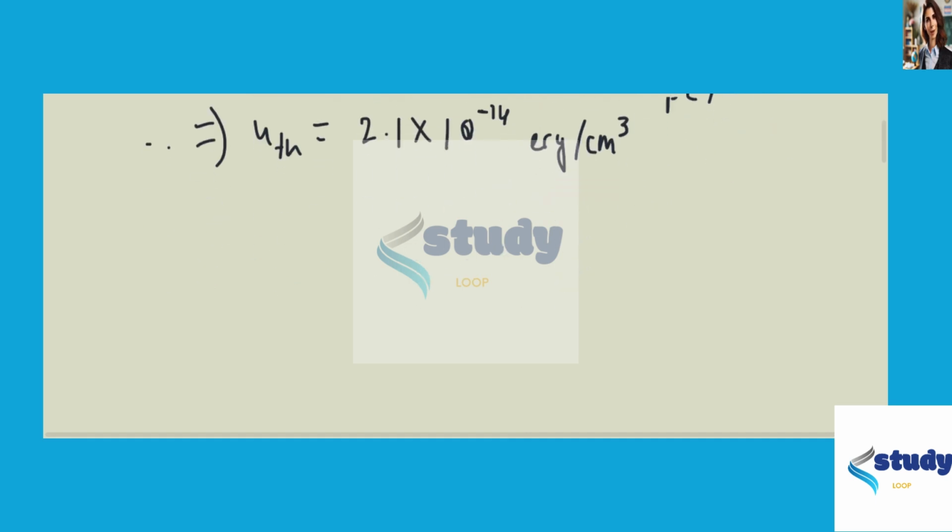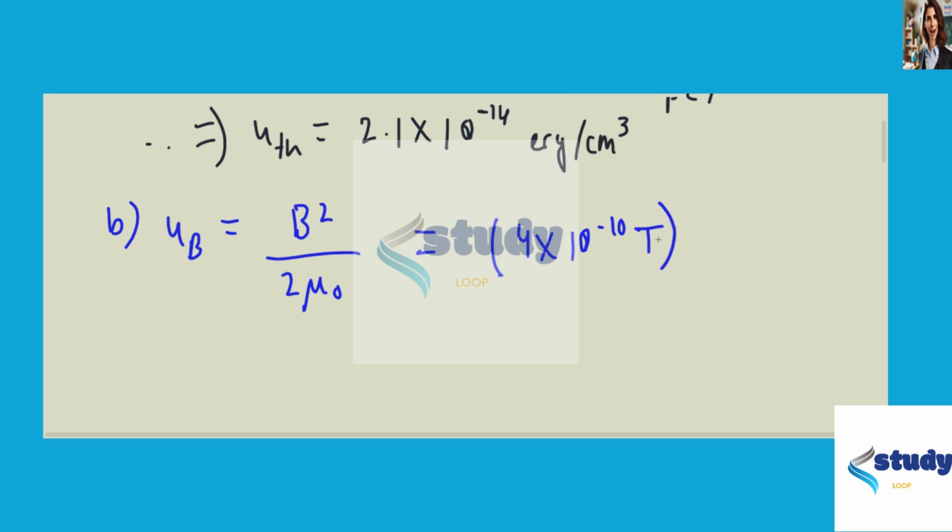For part B, you have the formula for magnetic energy density. It's B squared, magnetic field strength squared, over 2 times the constant mu naught. And so from an earlier chapter of the book, the magnetic field of the ISM of the Milky Way is about 4 times 10 to the minus 10 Tesla in SI units.